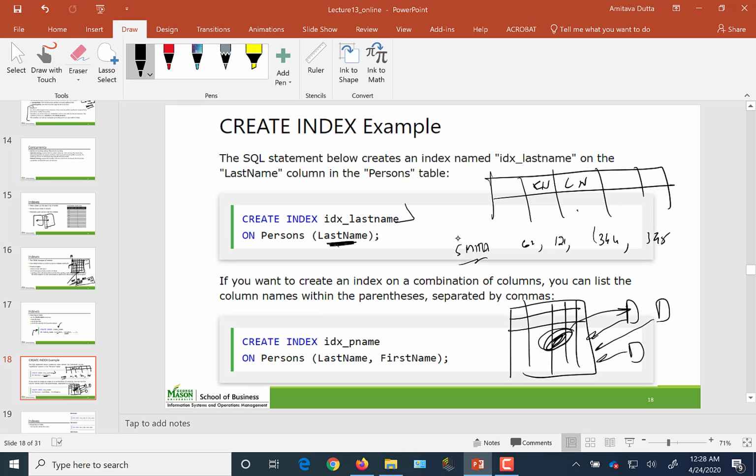The analogy is a textbook with the indexes at the back. If you change some sections in the textbook, you have to go back and change the indexes, because the page numbers on which these topics show up will change as a result. It's the same thing here. This is like your textbook. If the textbook changes, the page numbers where content shows up will change, and you have to go back and change the indexes as well. So updates take a lot longer when tables are heavily indexed.